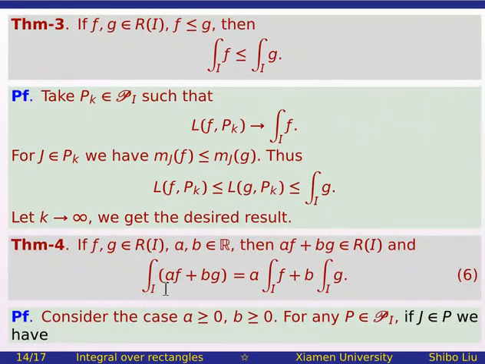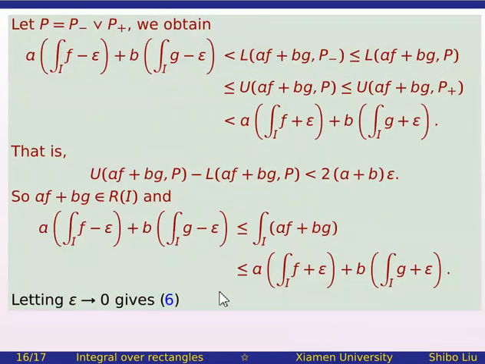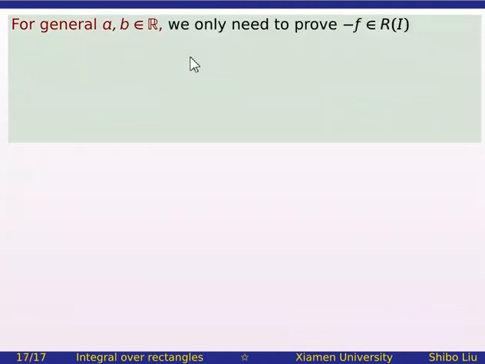But until now we only proved the case for non-negative A and B. So you need to deal with the case that A or B might be negative. Okay, for the negative case, it is easy to see that you only need to study minus f. That is, B is 0 and A is minus 1.